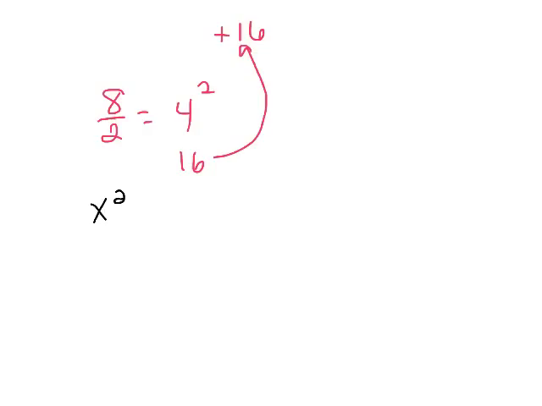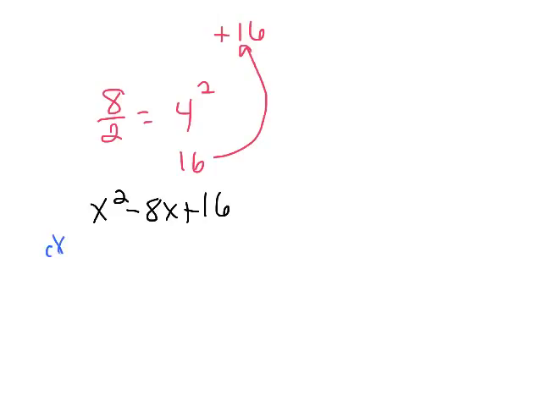I'm just looking at the 8. So 8 divided by 2 is 4. 4 squared is 16. 16 is what I add to complete the square. So my final answer is x squared minus 8x plus 16.